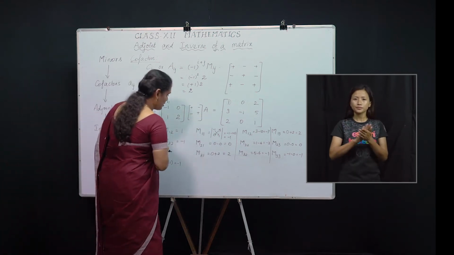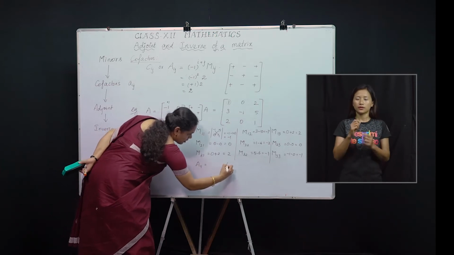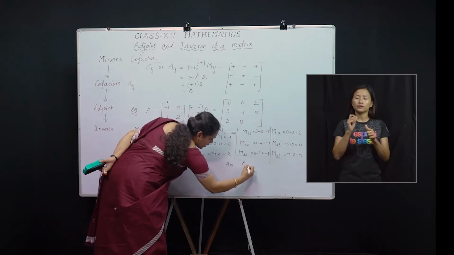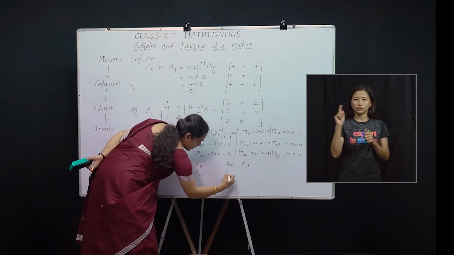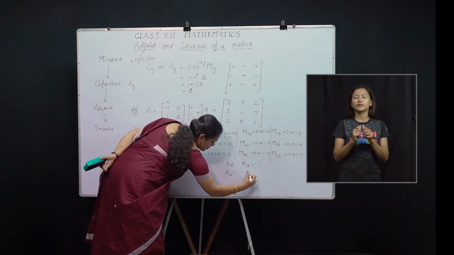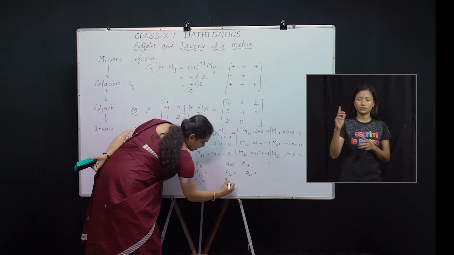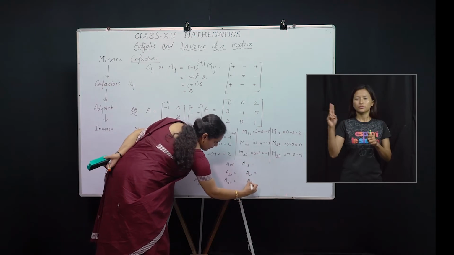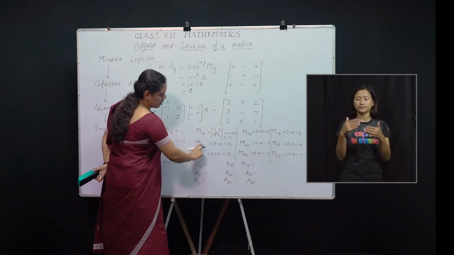And for this 3 by 3 matrix, we will easily find A11, A12, A13, right. Then A21, A22, A23, then A31, A32, then A33. Okay, let us introduce the sign in front of the minors.